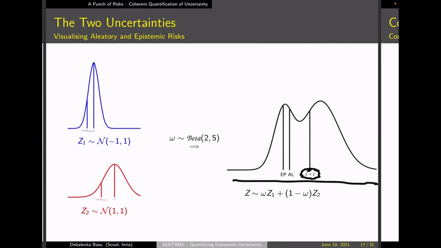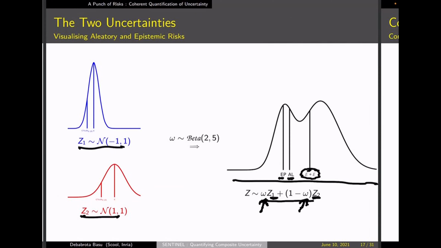This is the expectation of this whole black distribution. And then there is this aleatory uncertainty that we can calculate, which is basically the uncertainty of Z1 and uncertainty of this mixture of Z1 and Z2. So this is the uncertainty that we are interested in while averaging out the uncertainty due to omega. In the other case, we want to calculate the epistemic uncertainty, where we are interested in the uncertainty of omega and 1 minus omega, while averaging out the uncertainty of Z1 and Z2.